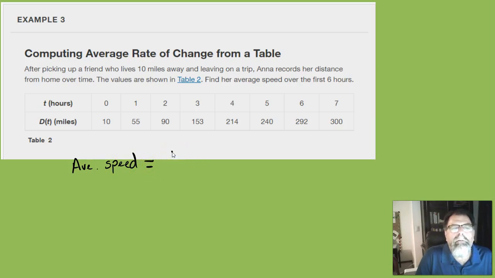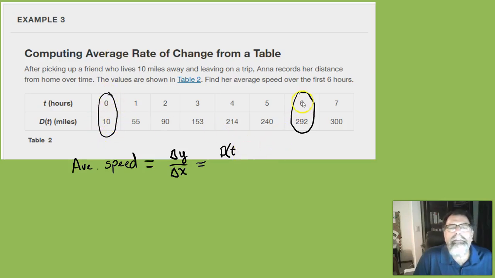So we're going to do delta y over delta x. Now the y's, remember this is your output value, so that's the d of t. Now we're going to use the first 6 hours, so we're going to use this one and this one.